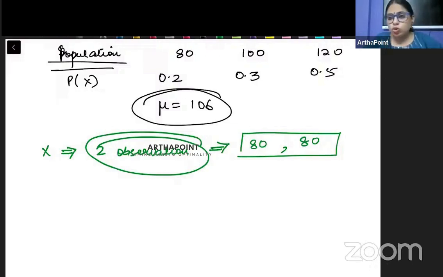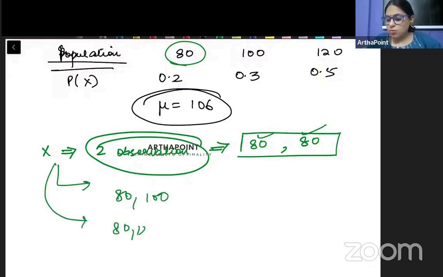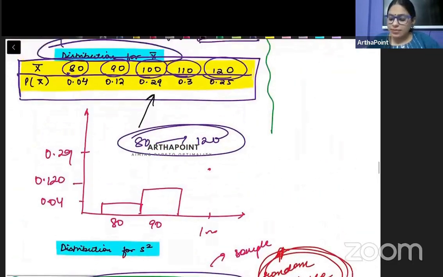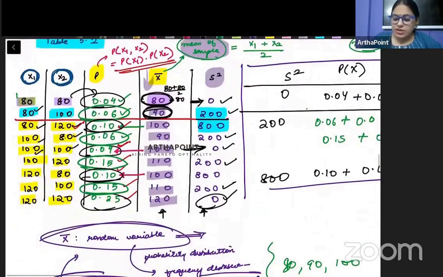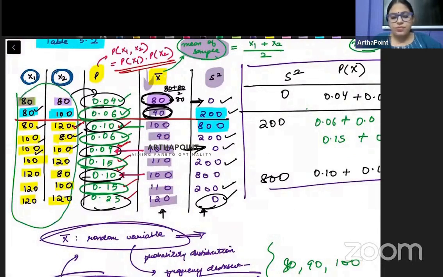So we make a revenue of 80 each. And ये दो observation 80, 100 भी हो सकते थे, ये दो observation 80, 120 भी हो सकते थे. They could have been anything. So on that basis, of course, we went ahead and we created all possible samples. हर सैंपल का हमने मीन निकाला. These were the mean of the sample.